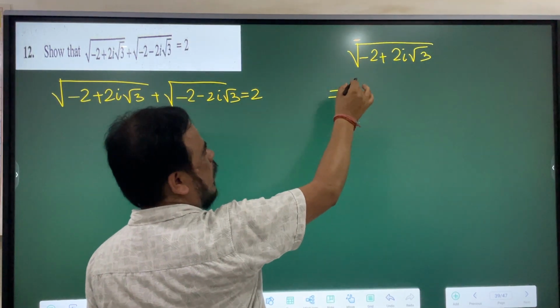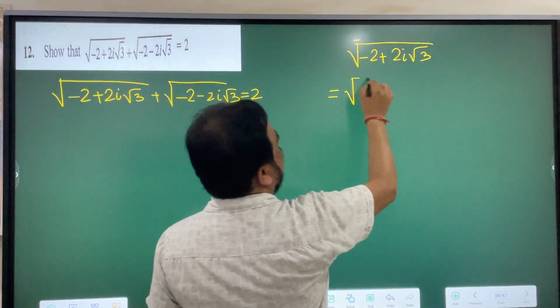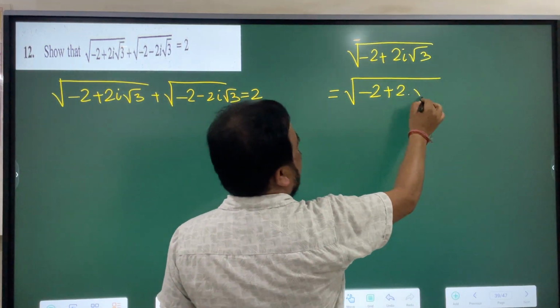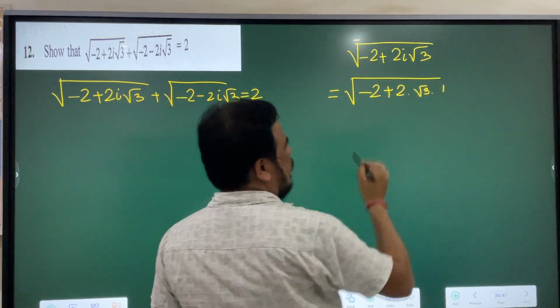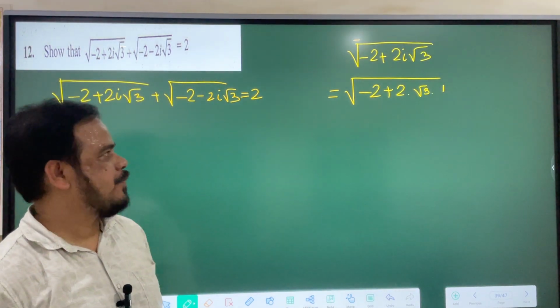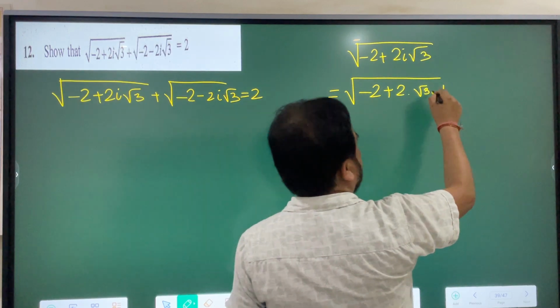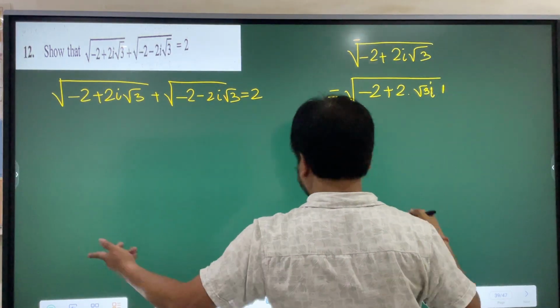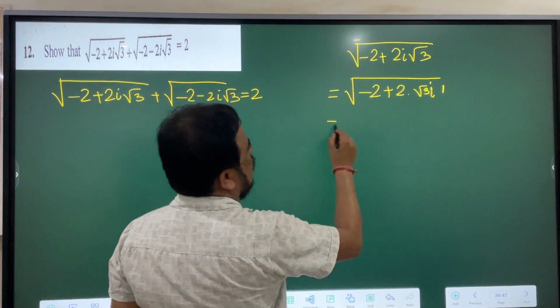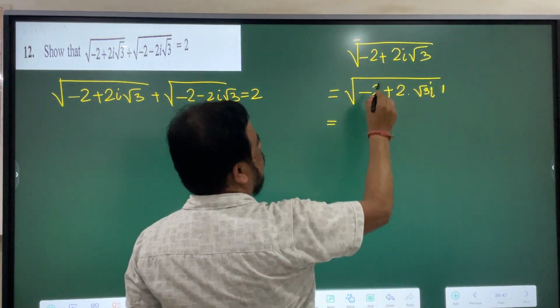That means we are trying to find what? A whole square, so minus 2 plus 2ab. Now the question is where will i be? We have already done this in the previous two sums. Root 3 is bigger, so i is kept for the bigger number.